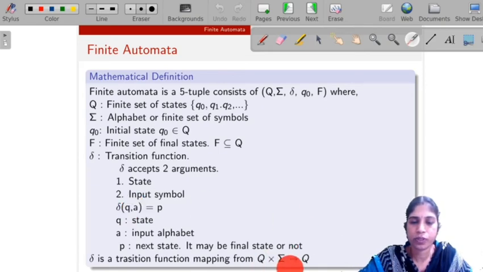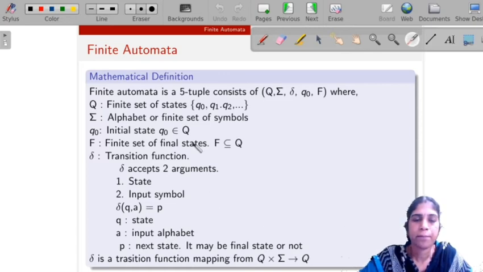So Q cross sigma. Then it generates the output next state. Next state is also a member of the capital Q, finite set of states. So delta is the transition function that maps from Q cross sigma to Q. That means Q is the finite set of states, sigma is the finite set of symbols or the alphabet, then Q is the next state.